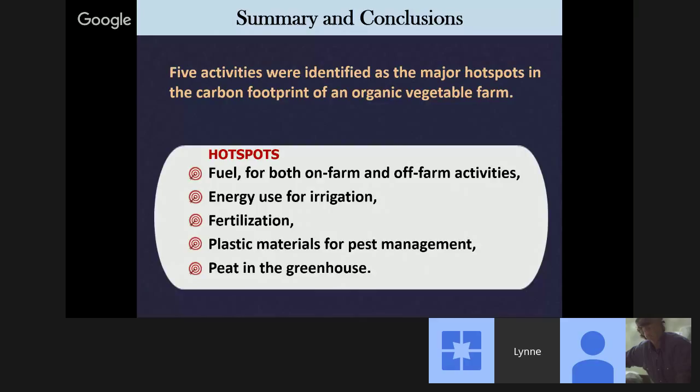Fertilization, the grower is very happy with this fertilizer. It comes at a good price. The yield effects are very good, so for the time being, they're going to stick with that fertilizer. Peat, however, they're now looking at the use of coir and increasing the compost to dramatically reduce or get rid of the use of peat.